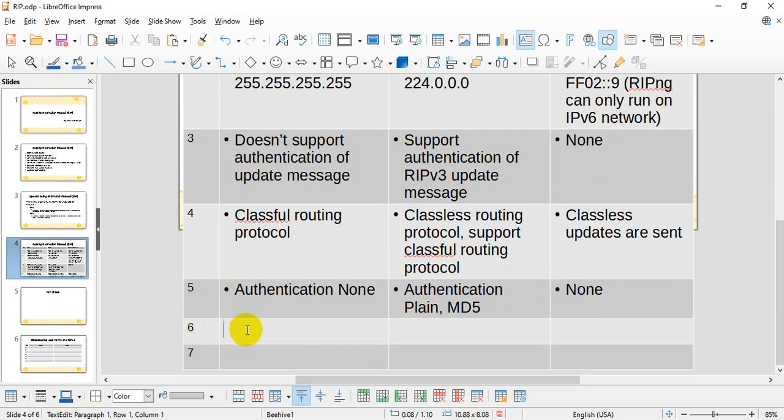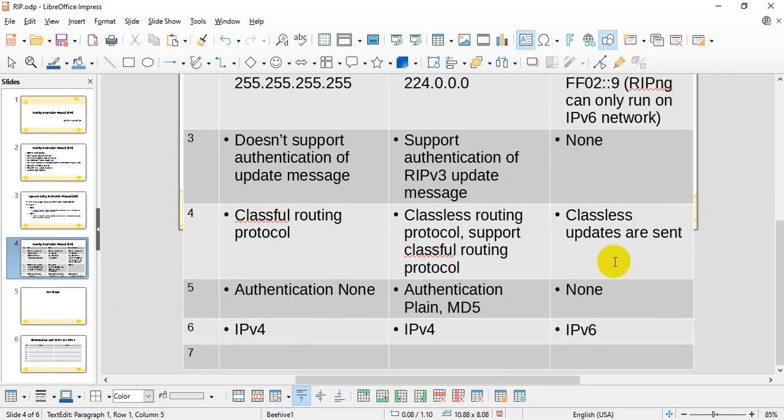And again, Routing Information Protocol version 1 is supported by IPv4, and RIP version 2 is also supported by IPv4, but RIP version 3, RIPng, is only supported by IPv6.